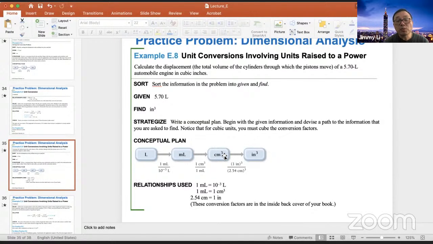Milliliter is the same as a cubic centimeter, and there's a relationship between centimeters and inches, because we do know 1 inch equals 2.54 centimeters. But one thing you need to be careful about here is the cube. That's why you need to cube that conversion factor. They do highlight the type of relationship you should use.